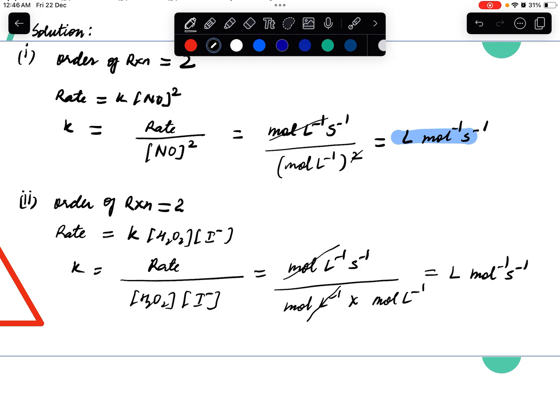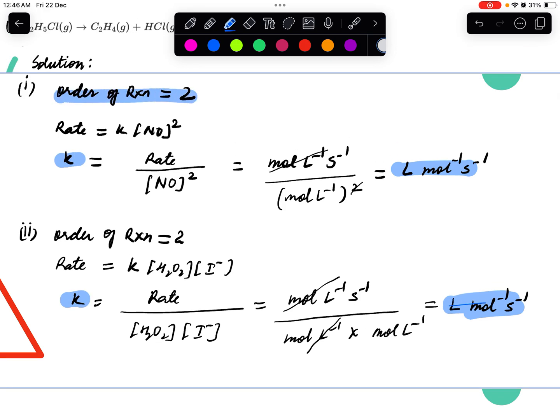So this is the dimension of rate constant for the second reaction. Both the reactions are second order. So have a look here, dimensions are same in both the cases.